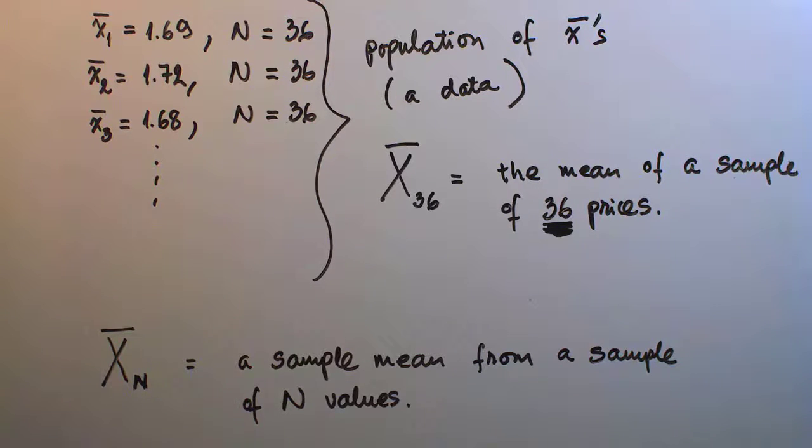So that's just the way I use my notation for the rest of the video lesson here, and many other video lessons in the future that relate to the study of the sampling distribution of mean values.